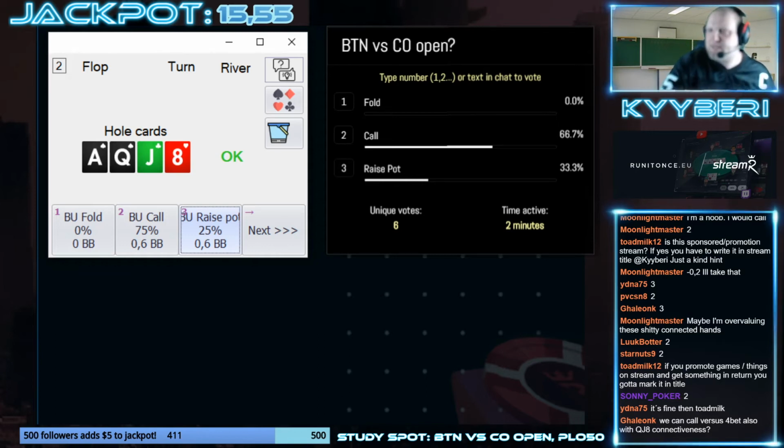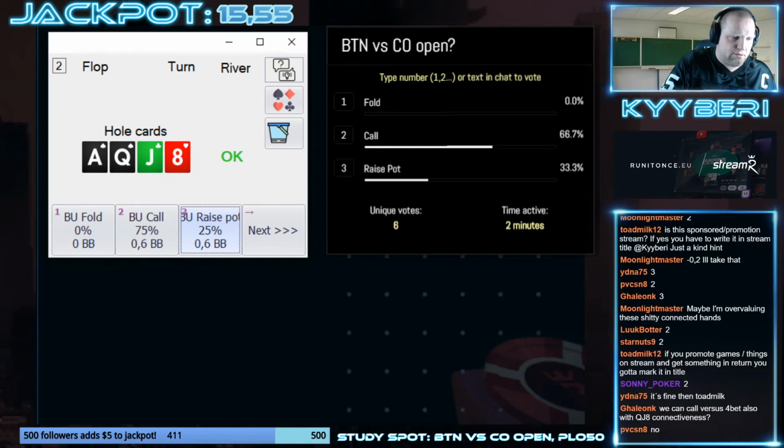Not sure if we can see that easily what to do versus 4-bet. I think not raising used PLO matrix. So I don't know. Can we use the preflop helper? Does it say what we should do versus 4-bets?